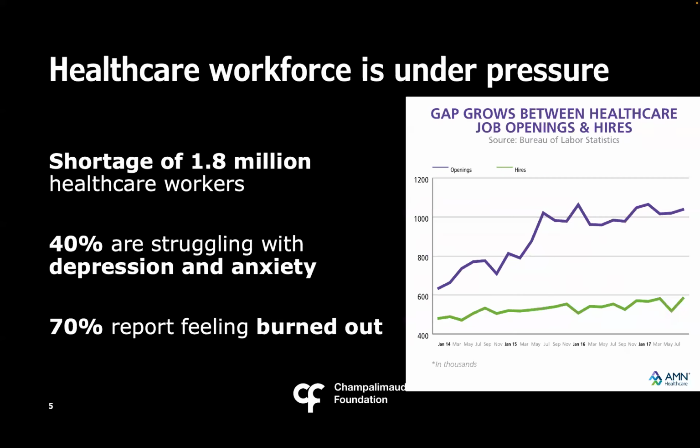If this was not already too much, we are currently in Europe facing a shortage of 1.8 million healthcare workers, and of the healthcare workers that currently are in the healthcare system, 40% are struggling with depression and anxiety, and 70% reported feeling burnt out.